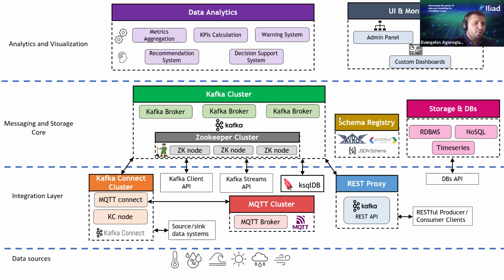The modules that make up this layer are the Apache Kafka cluster, which includes the Kafka brokers, where the data are published and all the data streams are handled, and which also keeps the message log storage.